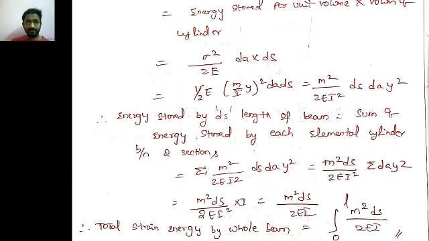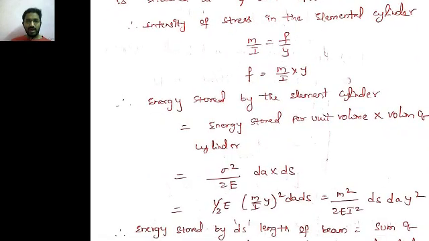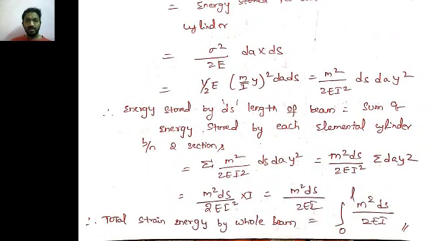Here I have calculated only for the elemental length of the beam, but I have to calculate the strain energy of the entire beam. How do we get it? Simply by applying integration. The distance runs from 0 to L, so here it is 0 and here it is L. The total strain energy of the whole beam equals the integral from 0 to L of M square ds by 2EI.